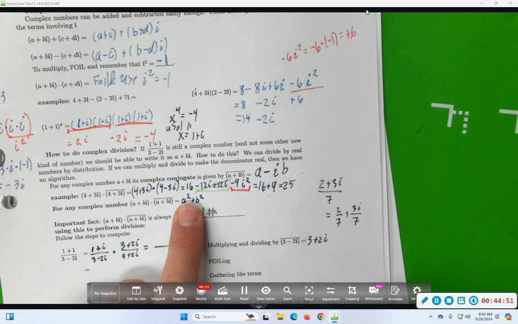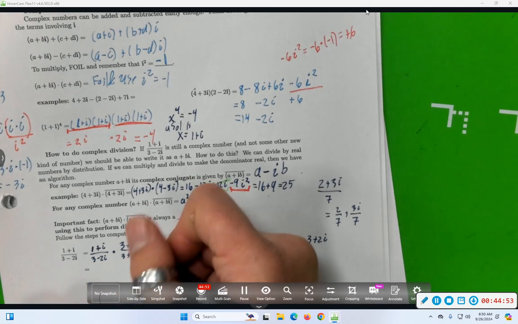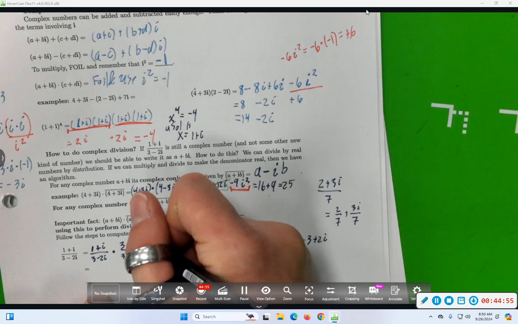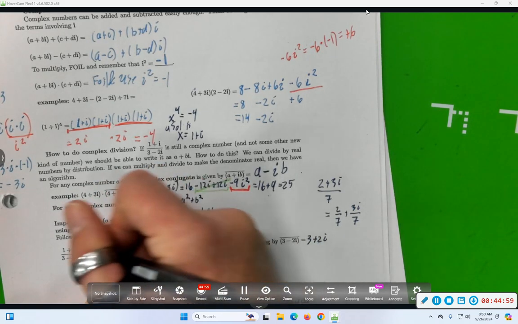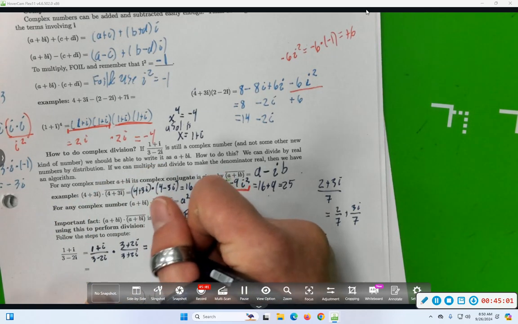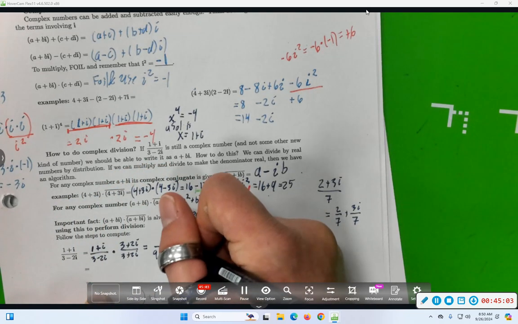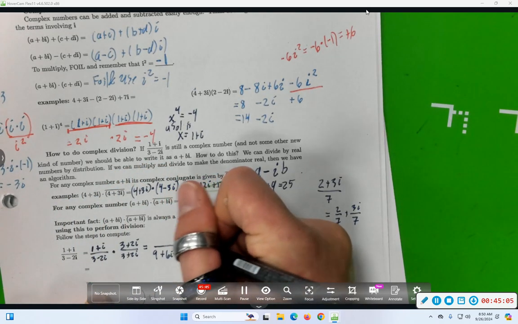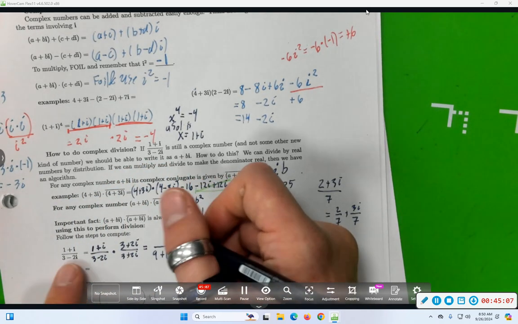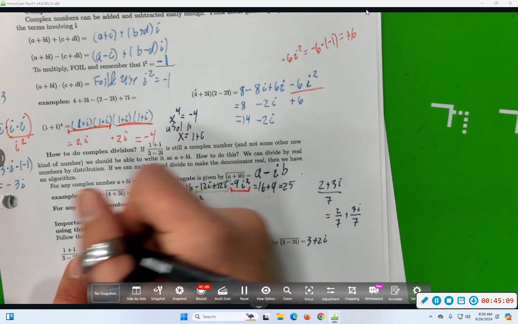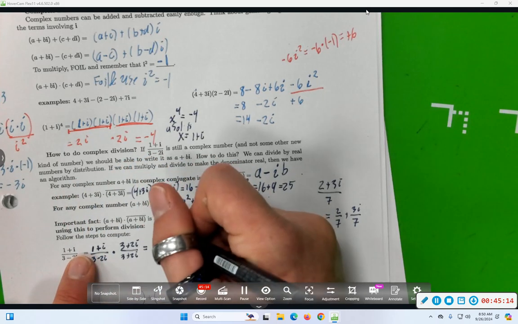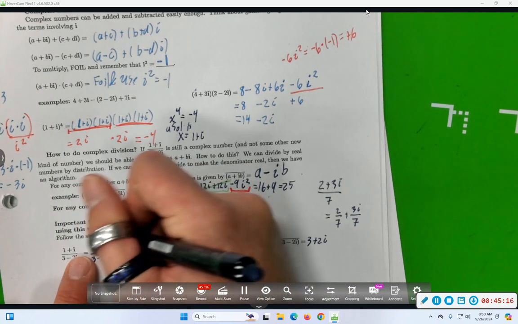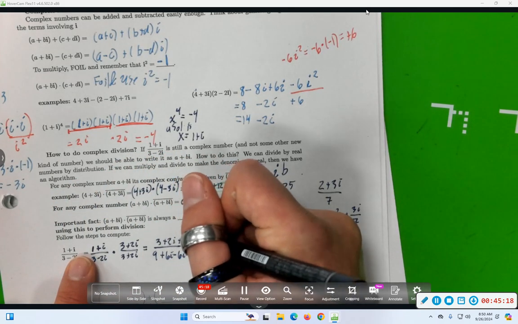I know it'll be a² + b², but let's FOIL it out. 3 times 3 is 9. 3 times 2 is 6, plus 6i, minus 6i, minus 4i². The numerator is 3 plus 2i plus 3i plus 2i².